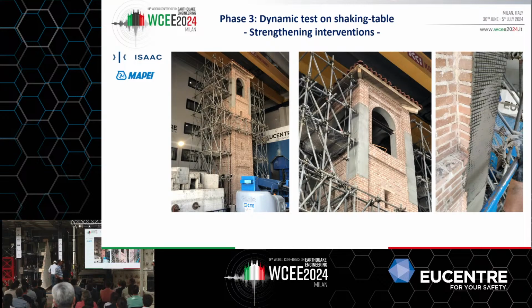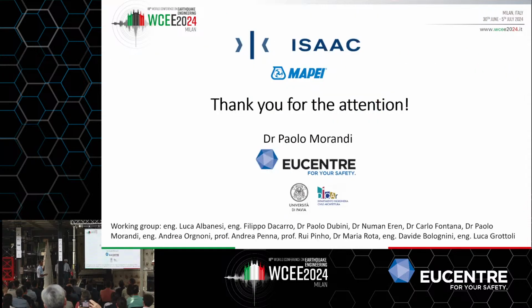And that's it, actually. This is the situation as you have just seen, and we are ready to redo this second phase of the experiments in a couple of weeks.